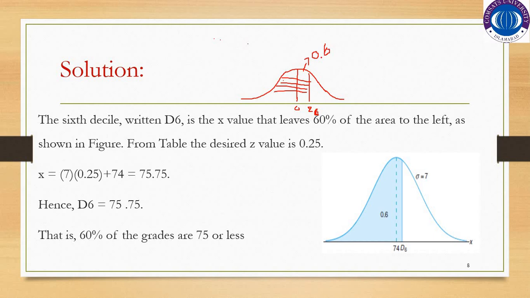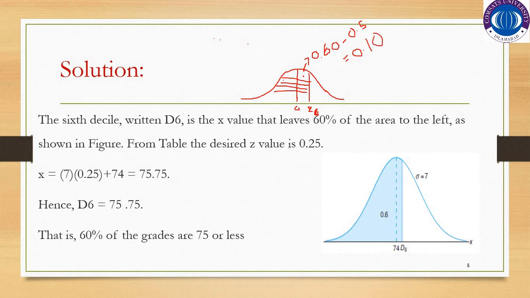We will simply subtract: 0.60 minus the area below the mean, which is 0.5, will be equal to 0.10.